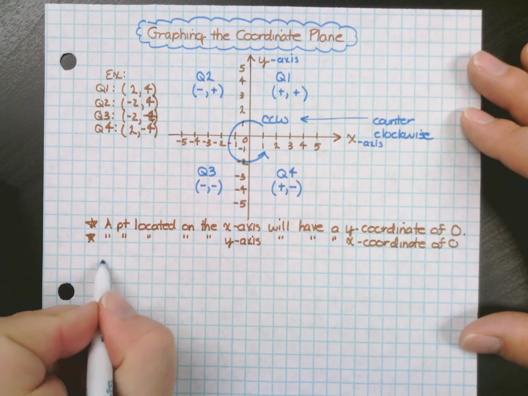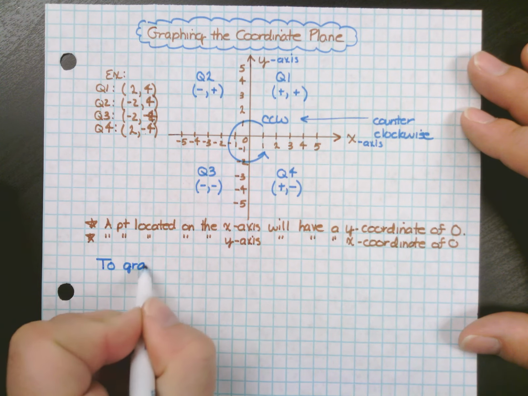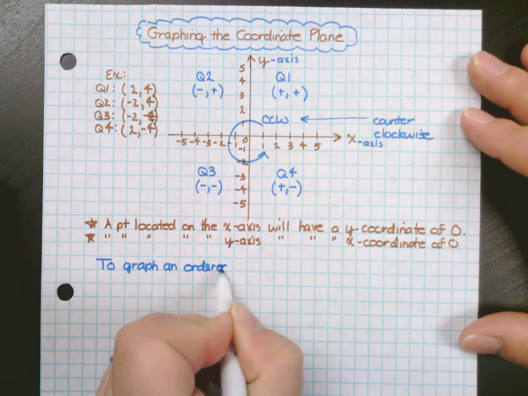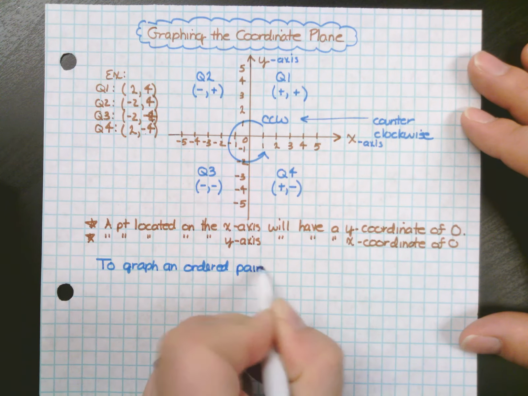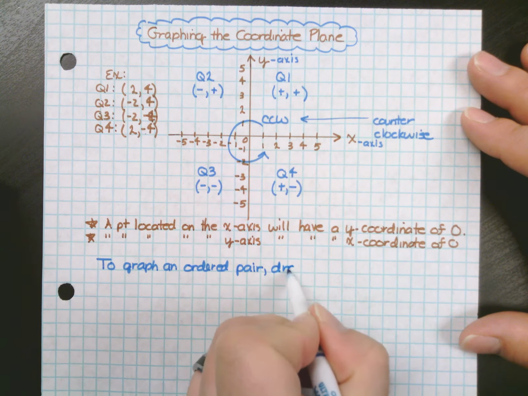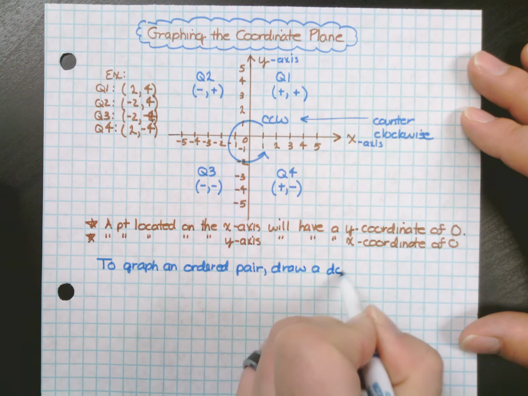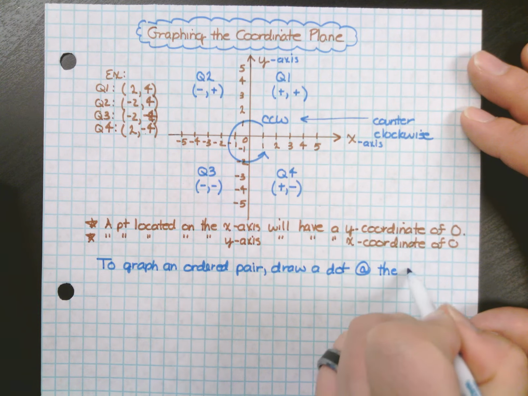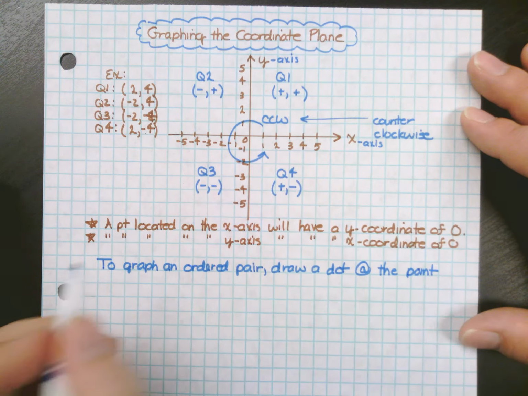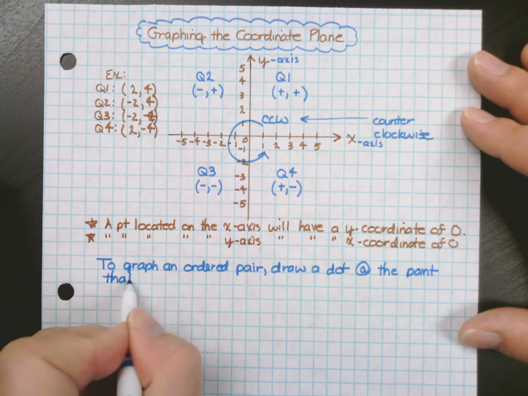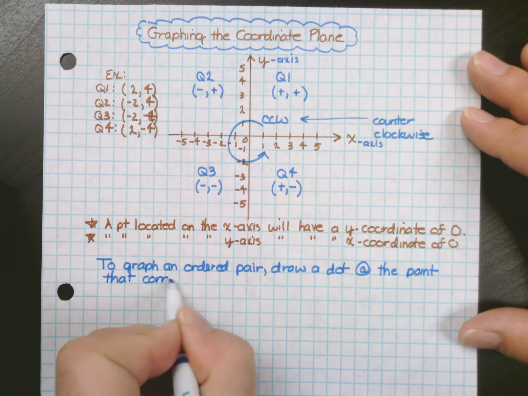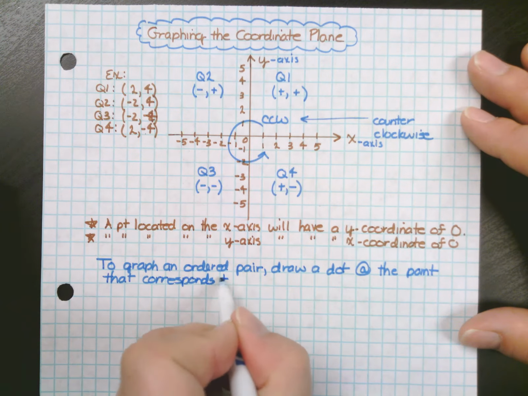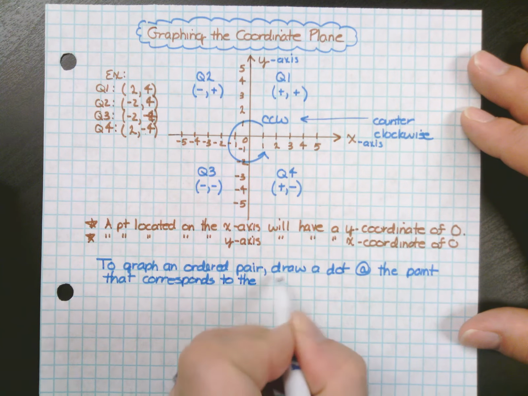To graph an ordered pair, draw a dot at the point that corresponds to the coordinates.